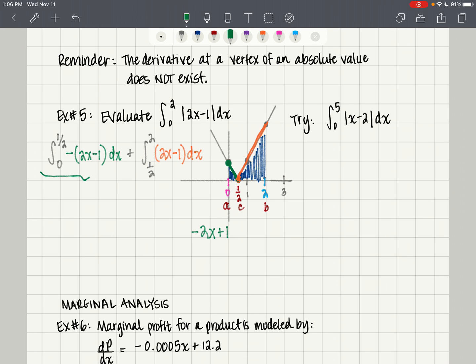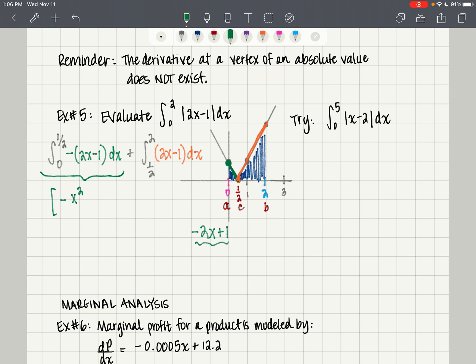So this definite integral is going to be, I'm going to take that negative to the outside, which I can, or I can distribute the negative and think of it as negative 2x plus 1. It's going to be negative x squared, not over 2, because we need a negative 2x.